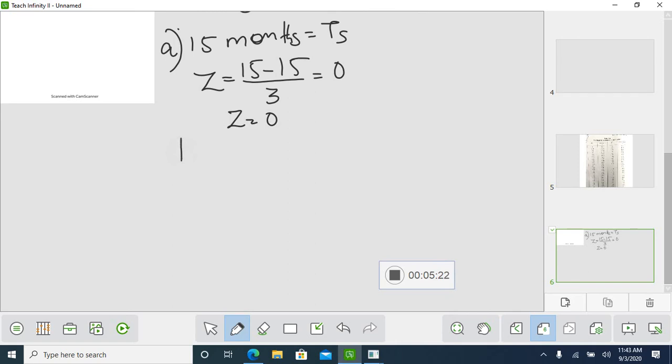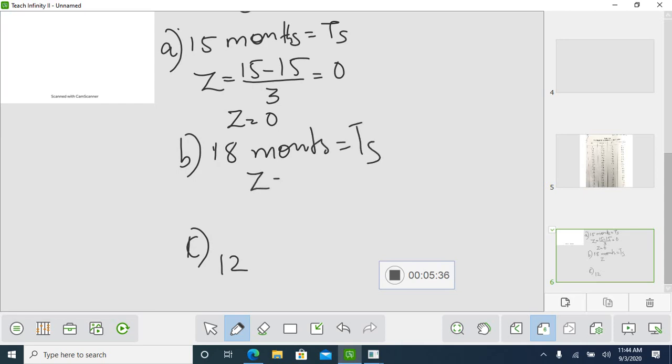Next B. For B they have given 18 months, and for C they have given 12 months in the question. So for 18 months, Z is equal to 18 minus 15 divided by 3. What is the value? 1. Z is equal to 1.